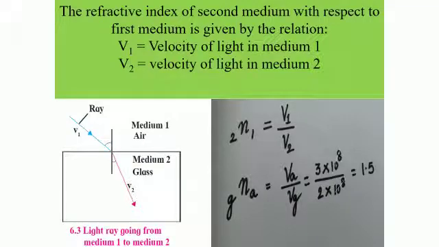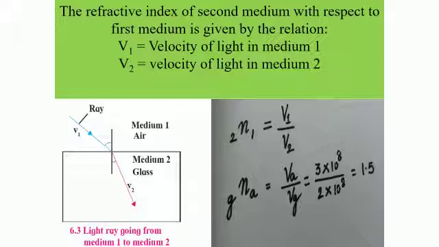Let us now try to find out how the refractive index for a given pair of media is written. Here we have the diagram where we have a ray of light going from air to glass. The velocity of light in air is taken to be v1, which is our medium 1, and the velocity of light in glass is taken to be v2, which is our second medium.